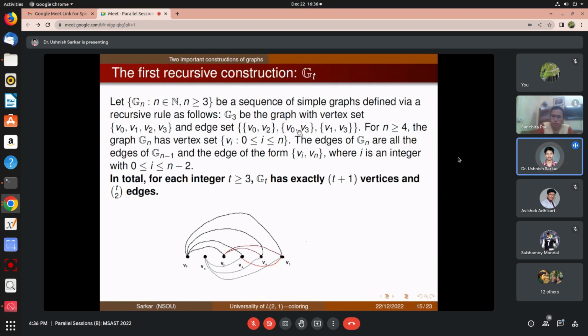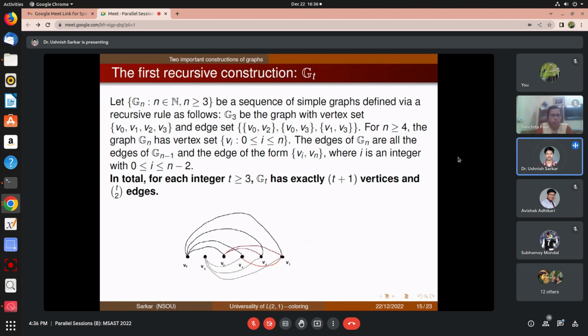From V0 to V3, I am assigning an edge. And from V1 to V3, I am again assigning an edge. As you can see in the picture at the bottom, from V0 to V1, there is no edge.